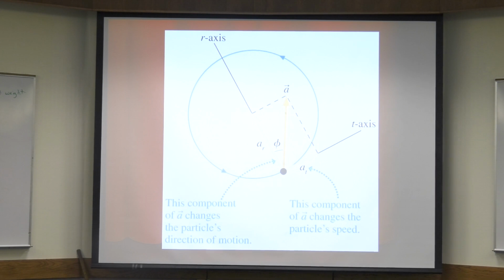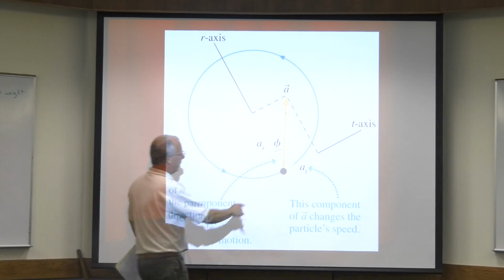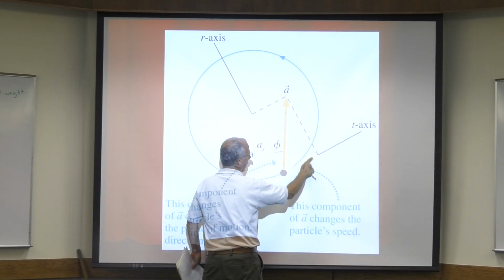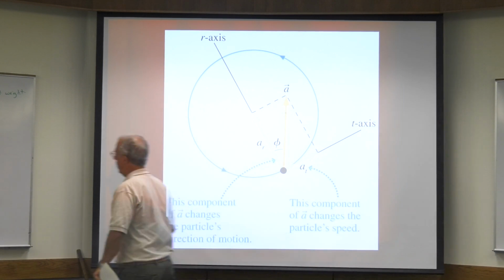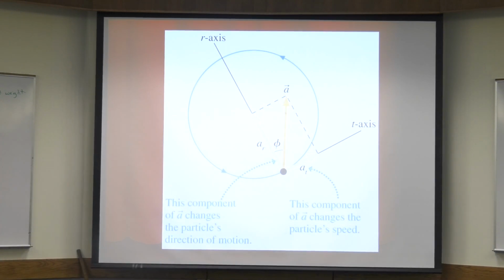Well, it's just Pythagorean theorem. So the total acceleration, the magnitude, what's this magnitude? It's just that squared plus that squared, square root of, right? So the total acceleration has a magnitude of the square root of a sub r squared plus a sub t squared, okay?